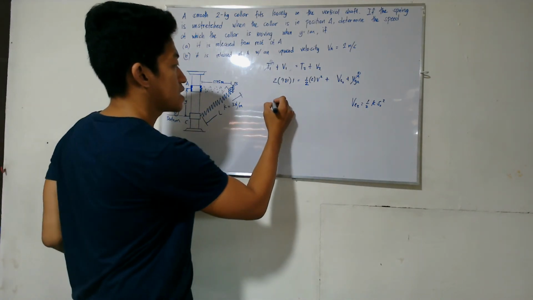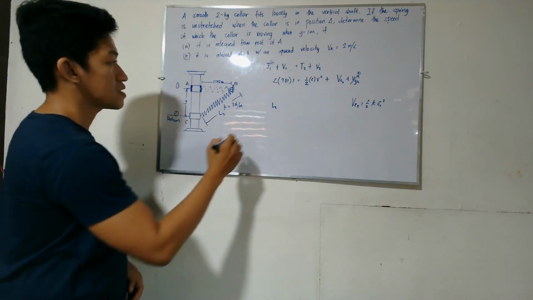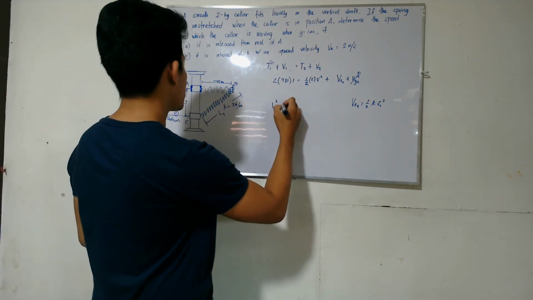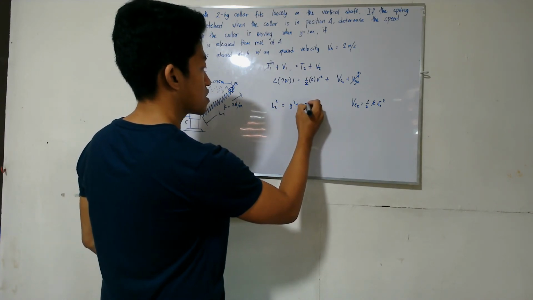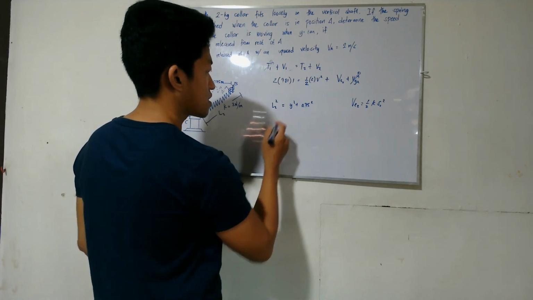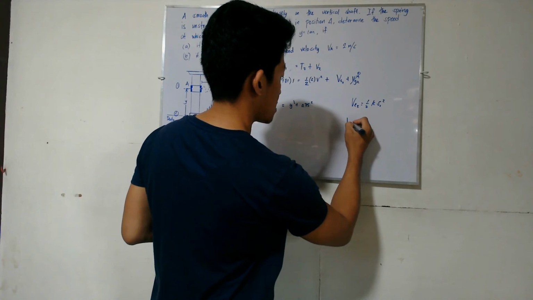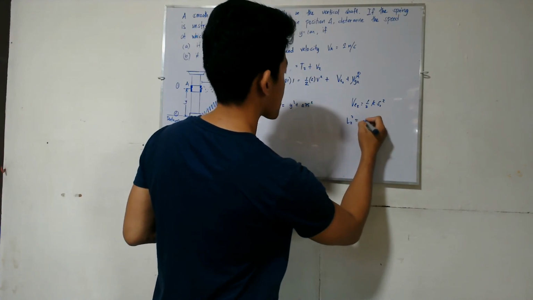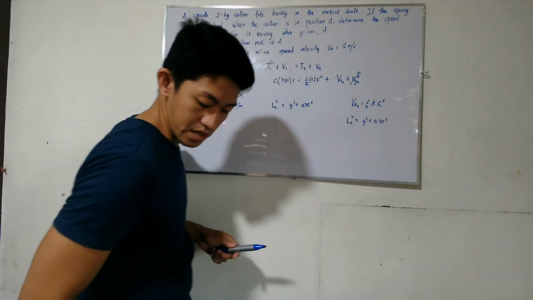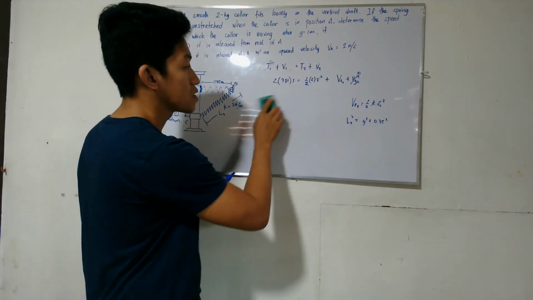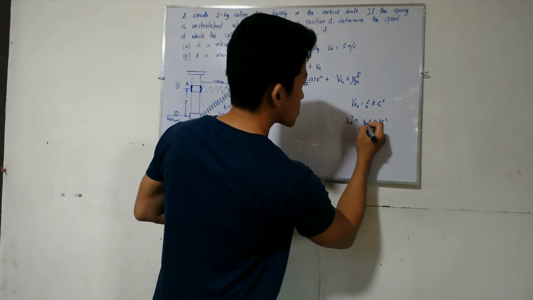Okay, so L2 squared is just y squared plus 0.75 squared. Therefore, y is just 1, so 1 squared.